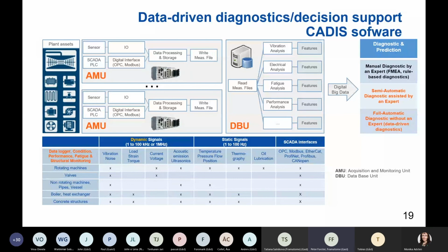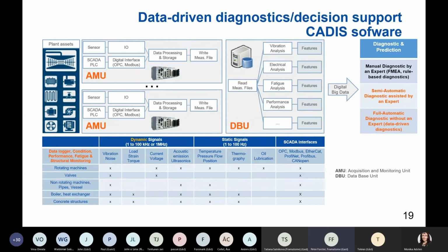You can have several acquisition units, and they bring their information to a central DBU, database unit, which collects this data and makes possible, as a server, further analysis: vibration analysis, electric analysis, fatigue analysis, performance analysis, and so on, whatever you want.